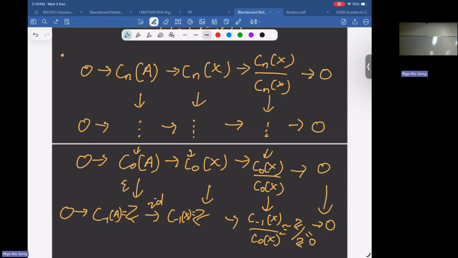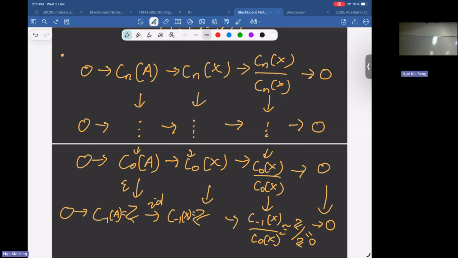And then it will make sense of this short exact sequence as well, because this part is also an identity map.